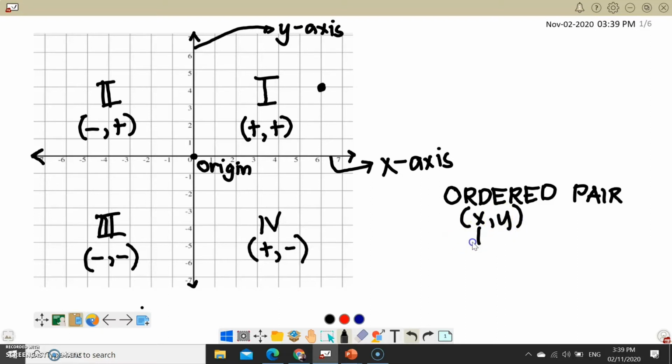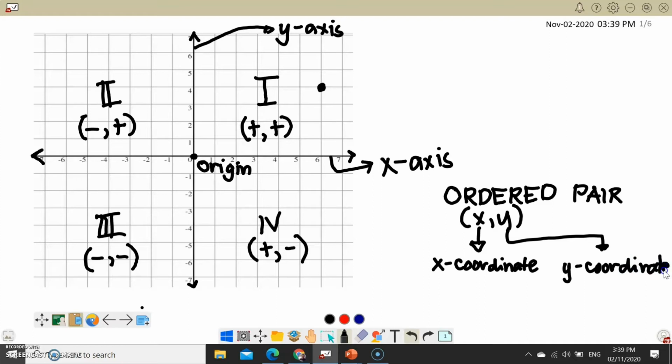So the first number is what we call the x-coordinate. The second number is called the y-coordinate. The x-coordinate is also called abscissa, while the y-coordinate is called ordinate.